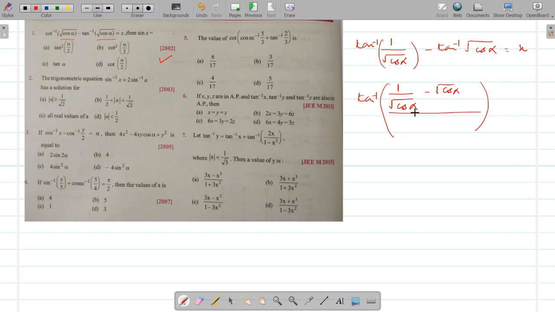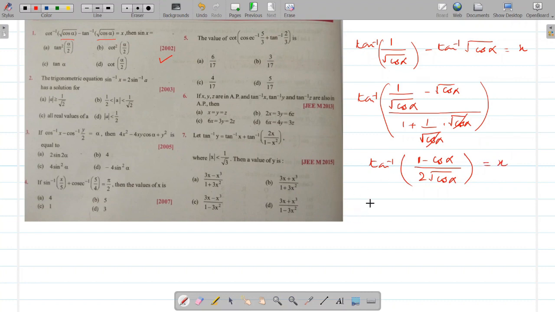In 1 plus xy, the under root of cos alpha into under root of cos alpha terms cancel. So it will become tan inverse of 1 minus cos alpha divided by 2 under root of cos alpha, and this is equals to x.